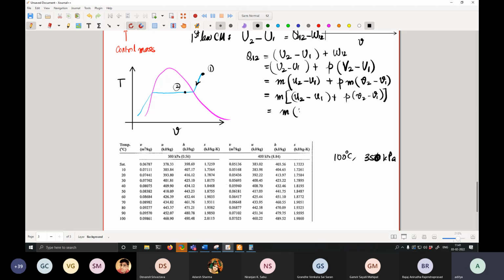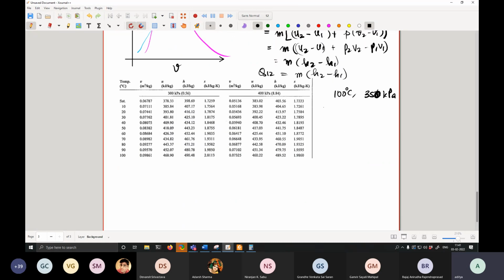So it is m times (U2 minus U1) plus (P2 V2 minus P1 V1), and because P1 is equal to P2, this becomes m times (H2 minus H1). This is mass times the difference in specific enthalpy, and this is what Q12 is going to be. So let us directly fetch the enthalpies rather than first evaluating U and V. Because we're doing it using tables, we need to be fast and look up tables as little as possible.